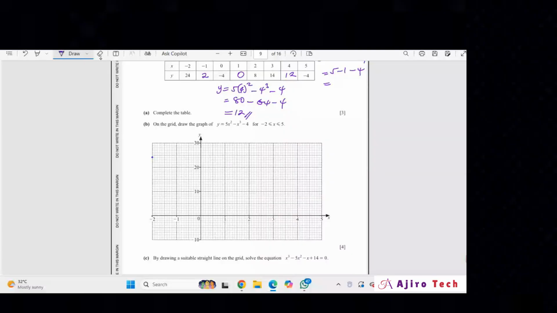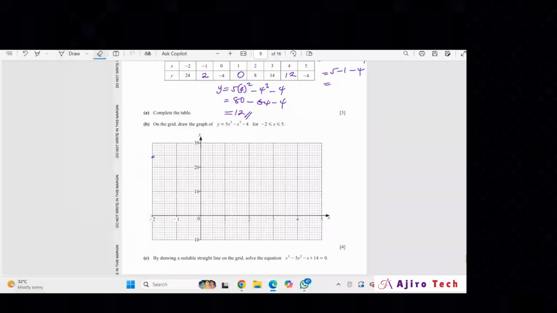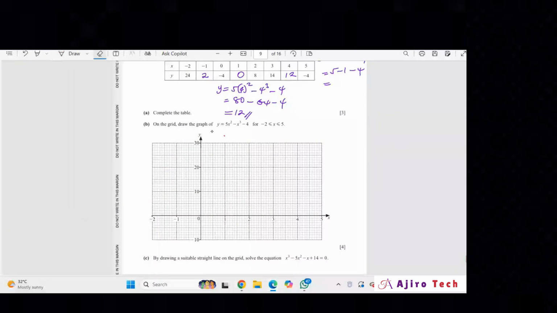So I'm going to use another color to do this, so that you see the beauty of the graph that is going to come out. So here is 20, now 21, 22, 23, 24 here.